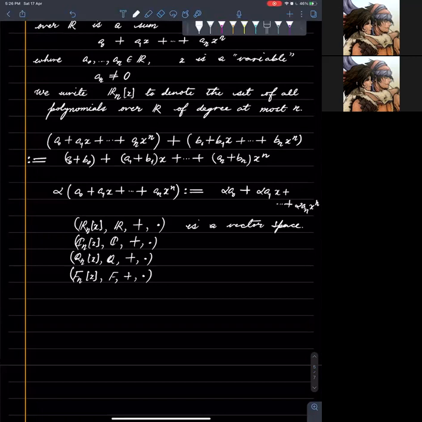And again, we just simply write Rn[x] or Cn[x], Qn[x], or Fn[x] to denote these things. I don't think this is the standard notation. This is just notation that I've come up with. So please forgive me for causing any confusion.